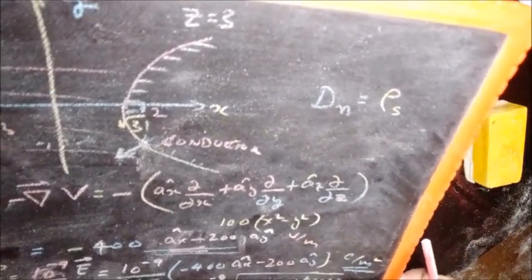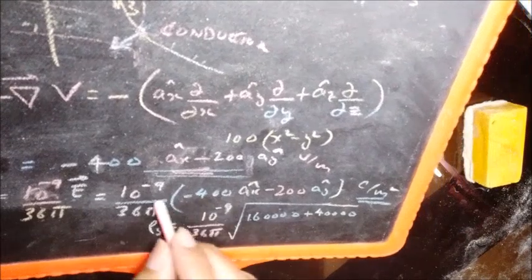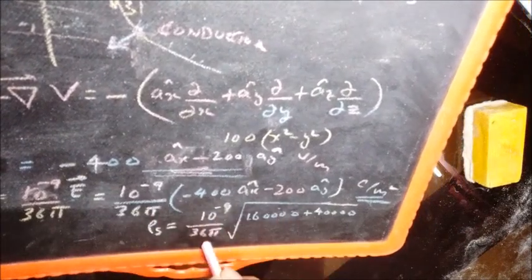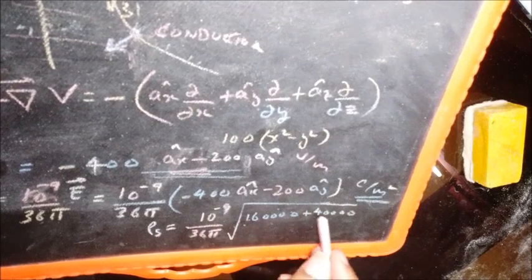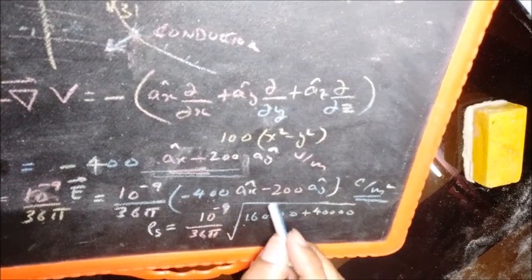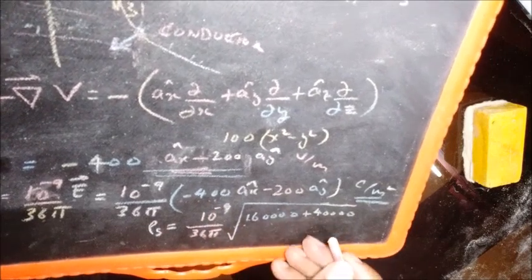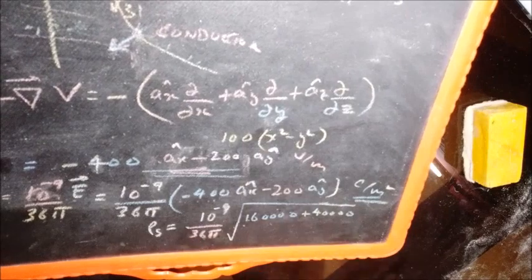So rho s is given by the magnitude of this, which is 10 power minus 9 by 36 pi under root 16 into 10 power 4 plus 4 into 10 power 4, because what we have here is minus 4 into 10 power 2 minus 2 into 10 power 2. You square it and add them and take the square root, you get rho s, that is the magnitude of D.